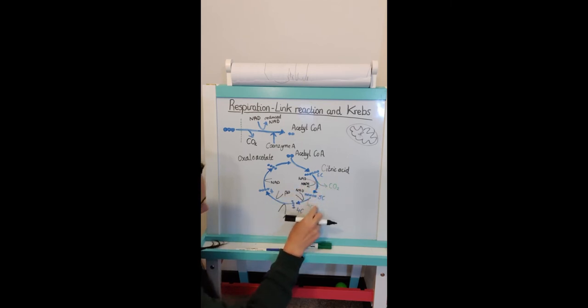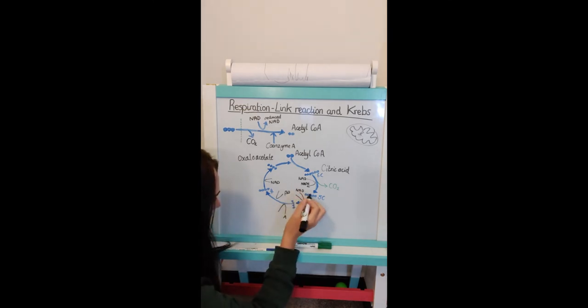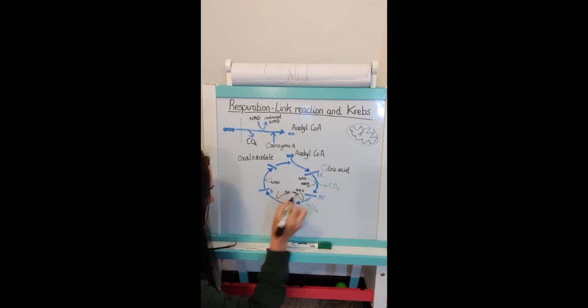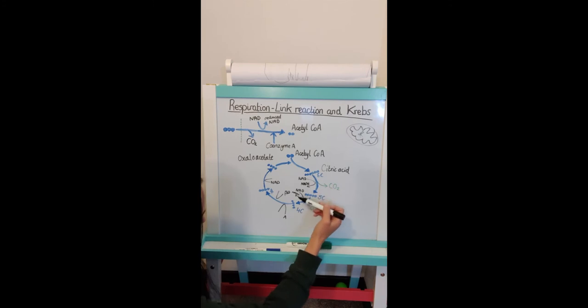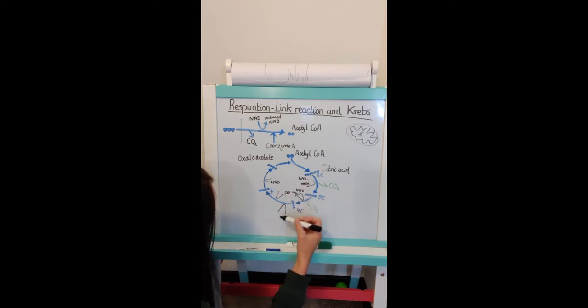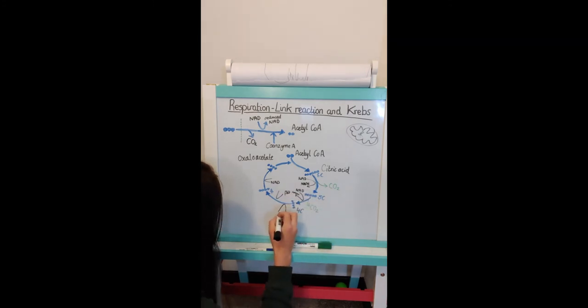It's lost another carbon dioxide, and then again it's been oxidized by NAD, and we have NADH. I can't even fit it in like that. There, NADH. Then we have, I said it was NAD, NAD, a FAD, NAD. So the A is ATP being formed. So we had ADP, and then we get ATP.